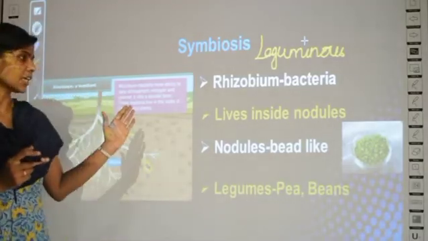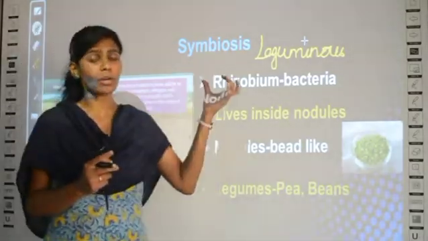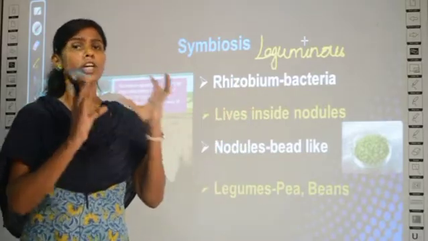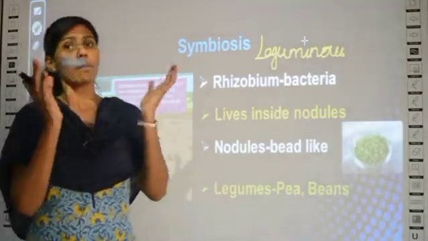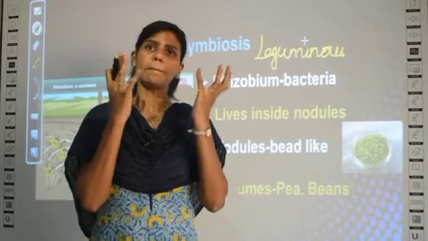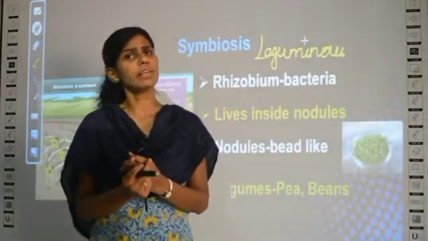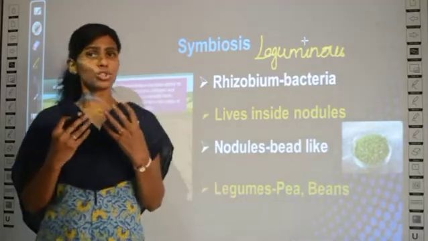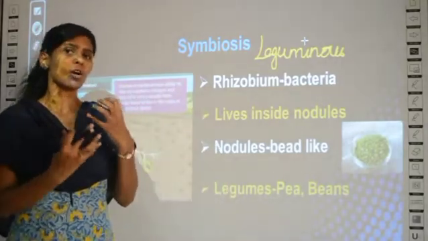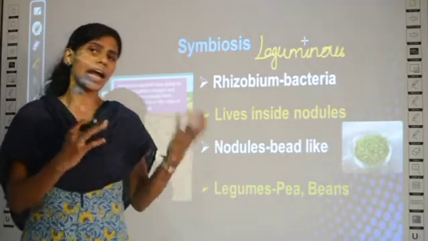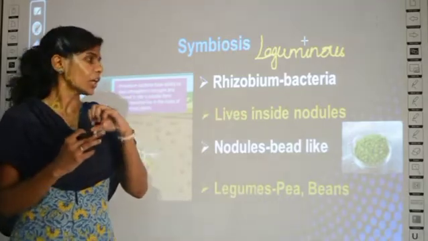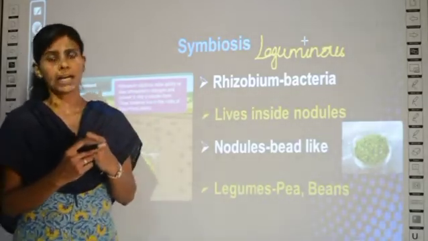What we have studied here, I told you, symbiosis is a relationship between two organisms where both the organisms are mutually benefited, and the example I have given here is the relationship between a bacteria called rhizobium and the root nodules of a plant.